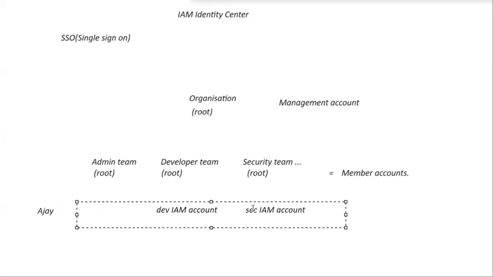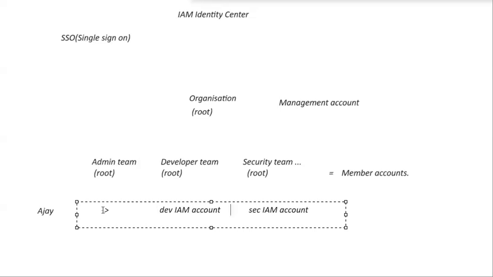To control whatever resources are present under the security team, he needs the security IAM account. And to control whatever resources and services are utilized under the developer team, since Ajay requires the permissions also, to access those, I have provided these two accounts.